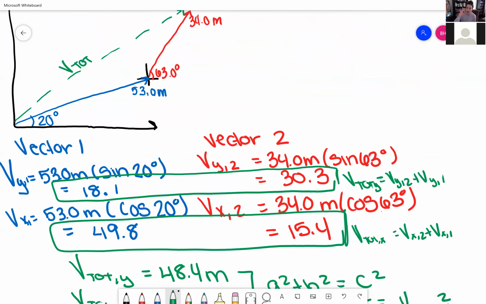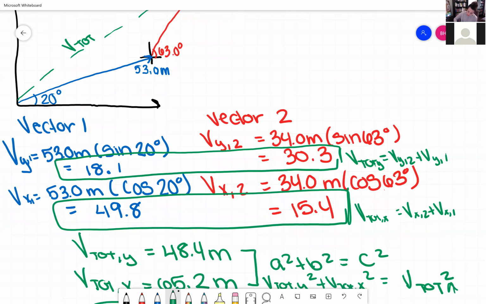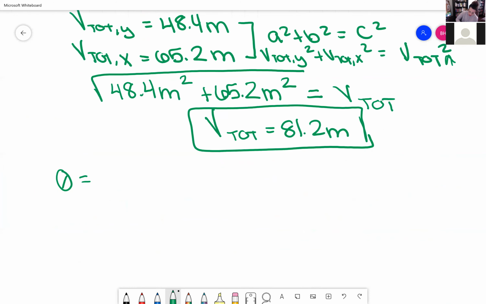So that's that length. Now notice, just like with our other vectors, we also need to have an angle. So we need to have both the length and then the angle at which that vector is going. And in order to find that angle, our angle is going to equal inverse tangent of vy over vx, or we can put the little total sign there, v total.